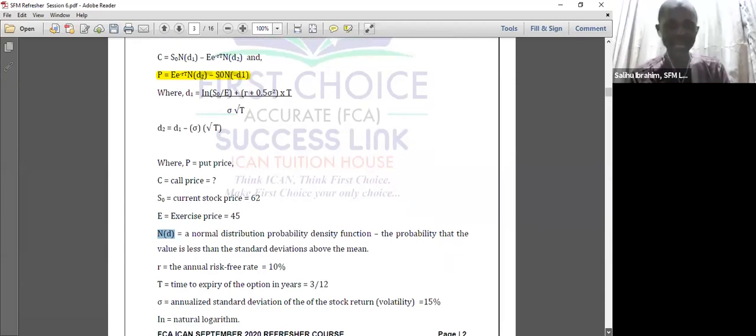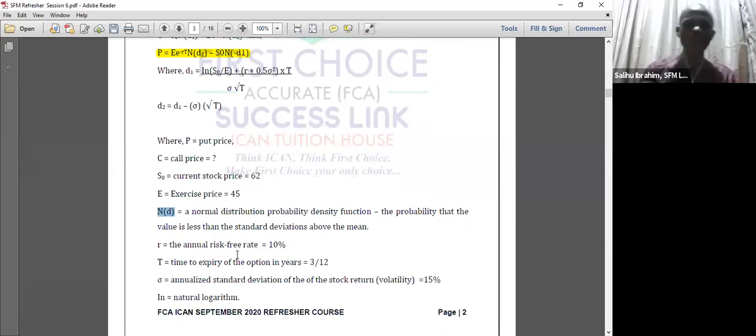Please bring it out, because that is what is the annual risk-free rate. The annual risk-free rate, that is our R. That is the rate of return on a risk-free investment. Then T. T is the time to expiry of the option, and it has to be estimated as a proportion of a year.